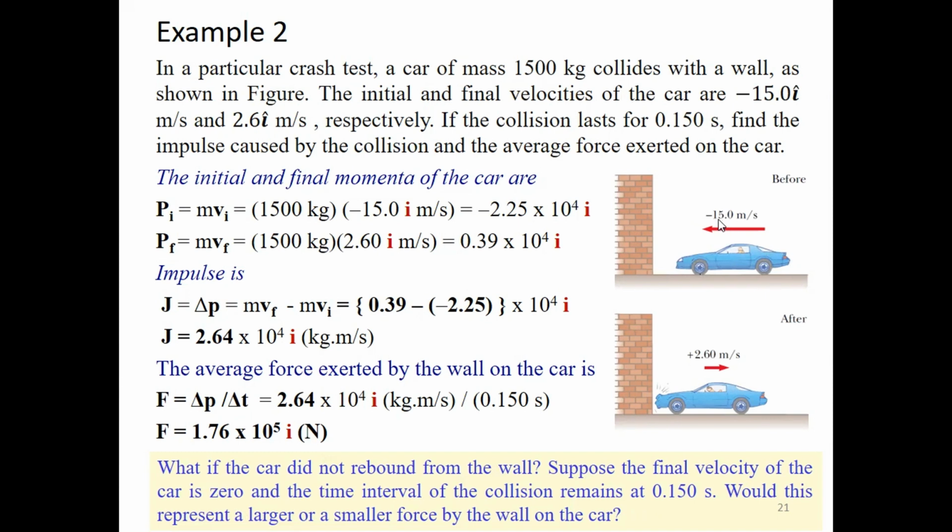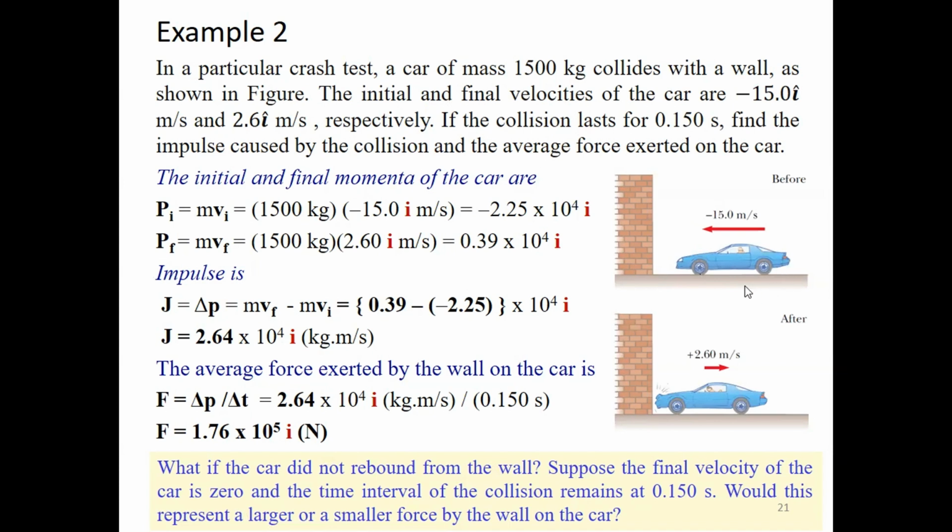The car has initial and final velocities of minus 15.0 i unit vector meters per second and 2.6 i unit vector meters per second, respectively. The collision lasts for about 0.15 second. The question is to find the impulse causing this collision and the average force exerted on the car.